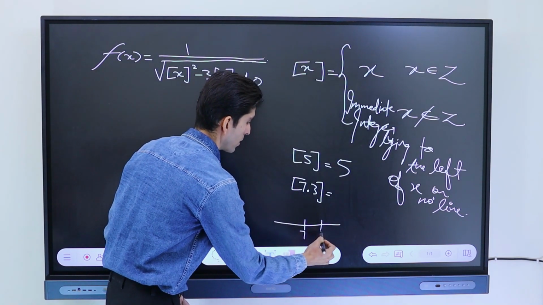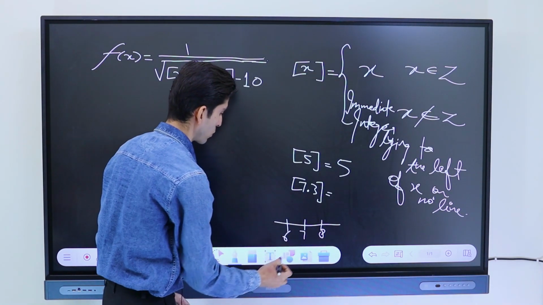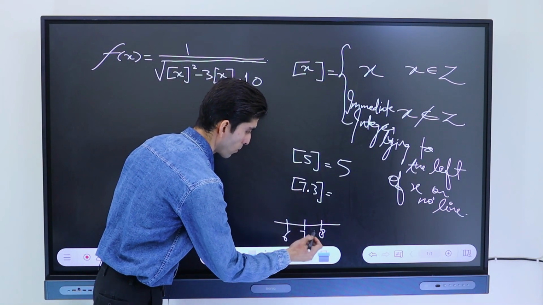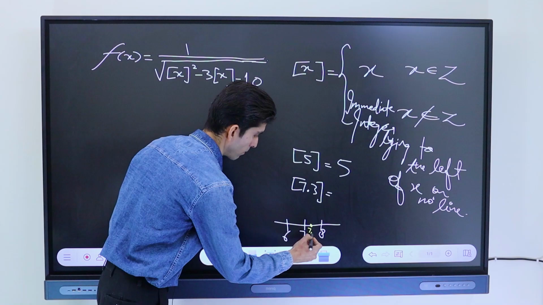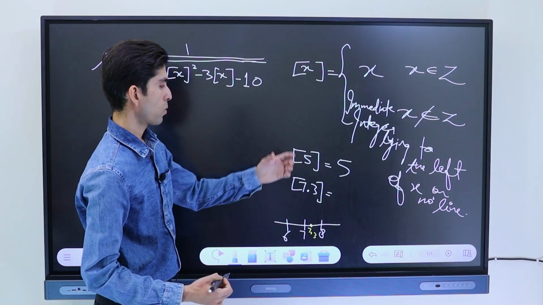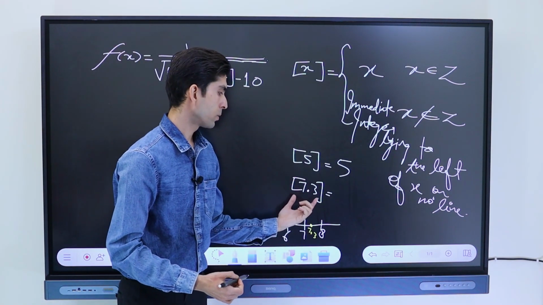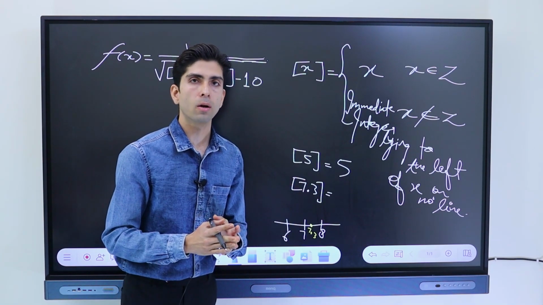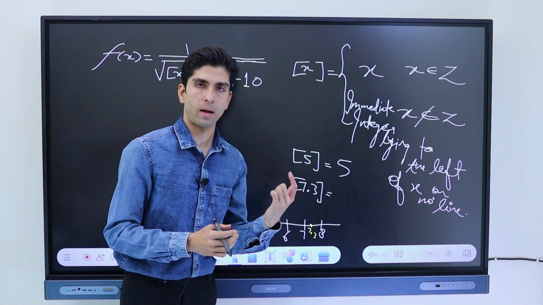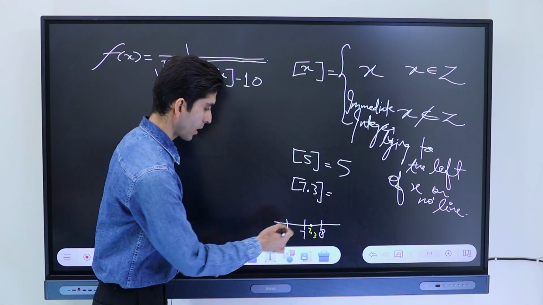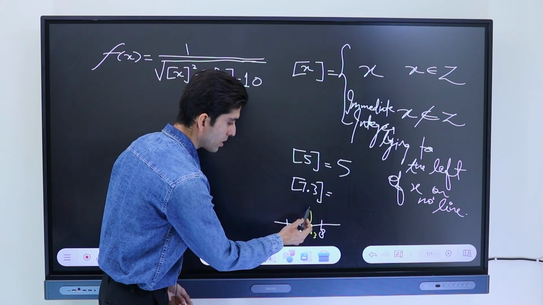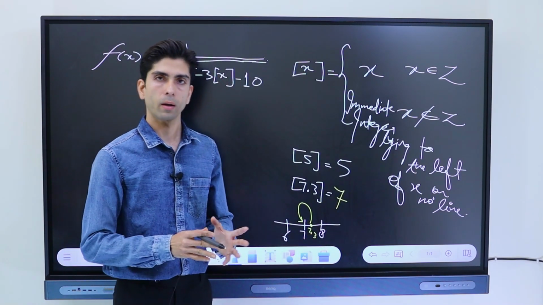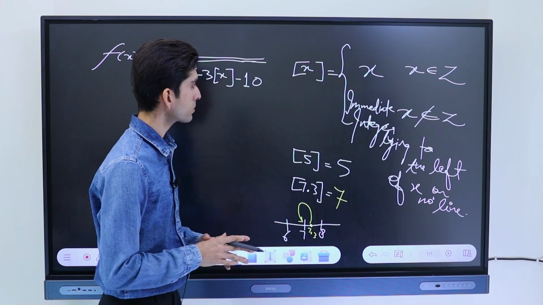Here we have 7, we have 8, and let's say we have a 6 over here, and 7.3 will lie somewhere here. Yes, 7.3. So when we have a non-integral value in the square bracket, we have to search for the immediate integral value that lies to the left of that non-integral value. So in this case, 7.3, the immediate integral value is 7. So we'll write 7. Okay, I hope you all understand.